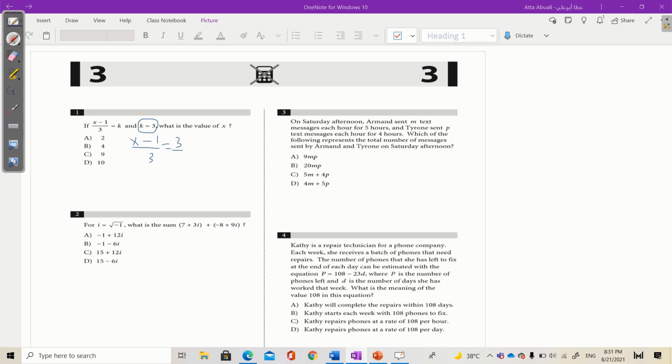Now you know that 3 is 3 over 1. I use cross multiply. Now it becomes x minus 1 is equal to 3 times 3, which is 9. Then I can do plus 1 here and plus 1 here. So that means x is equal to 10. So the answer is 10, so I circle D. The correct answer is D.